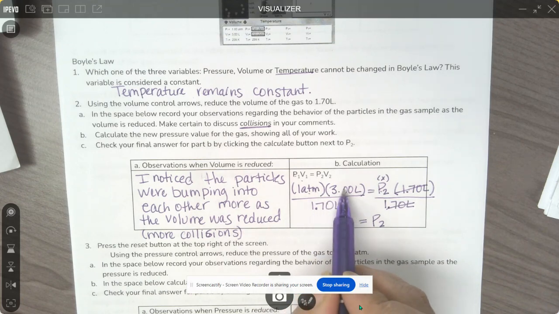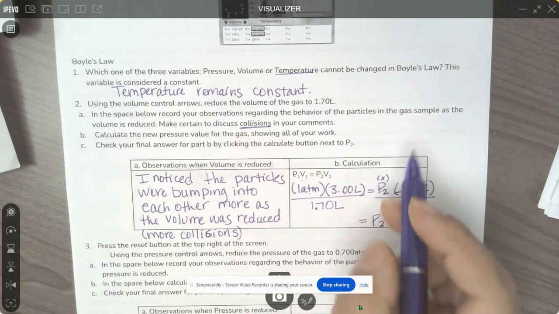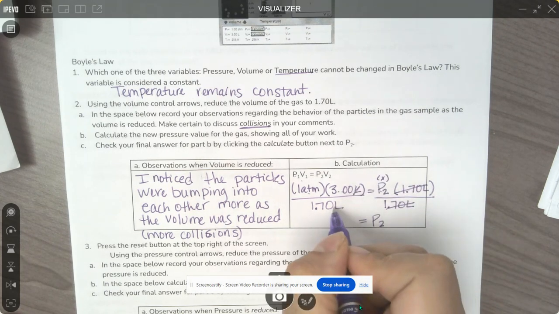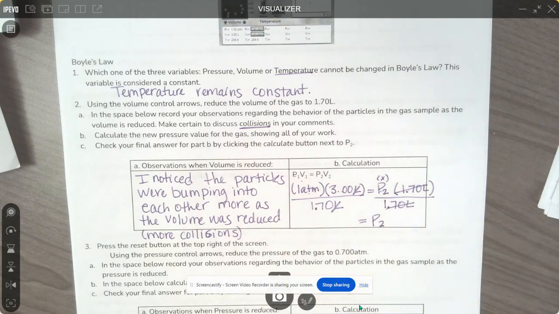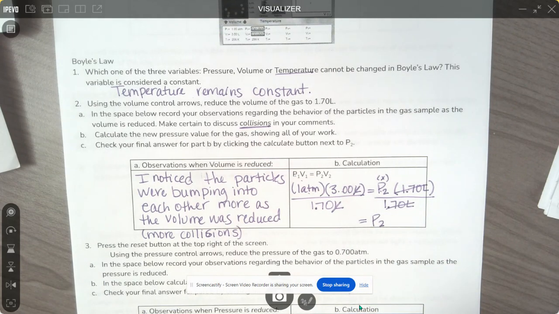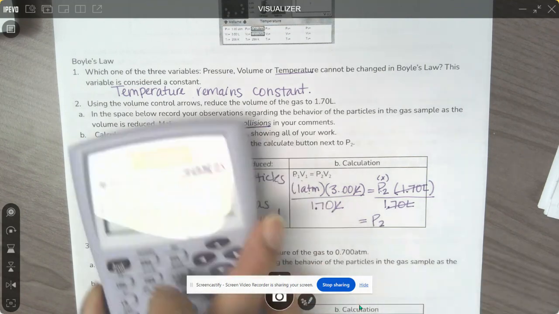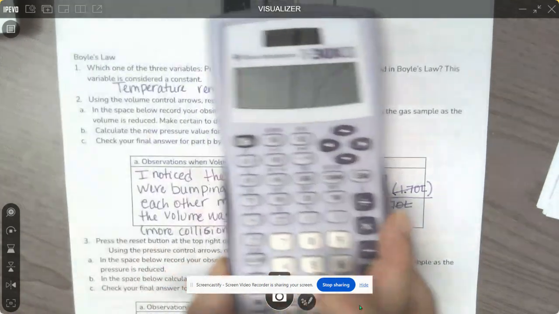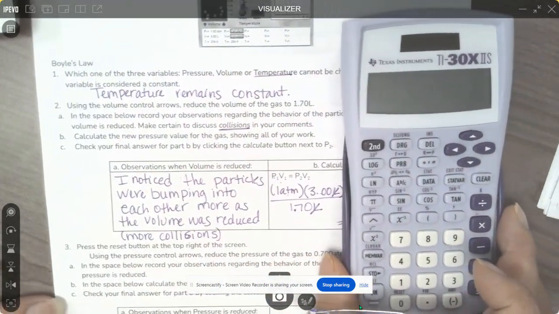Now, we need to make sure that we can divide out whatever units are being divided out. This times this is being divided by this. Liters divided by liters, if you'll remember, when we did stoichiometry, it divides out, it reduces to 1. Okay? So in the calculator, you can calculate using this equation here.